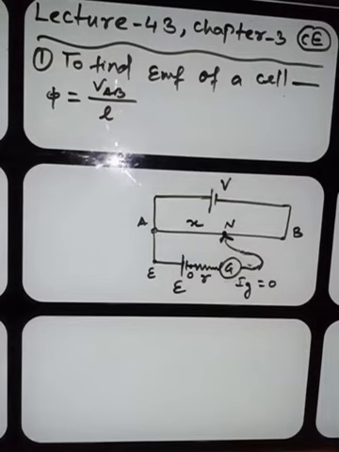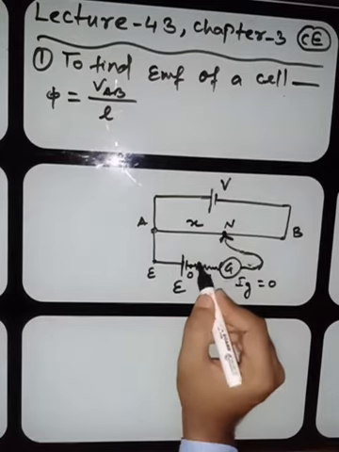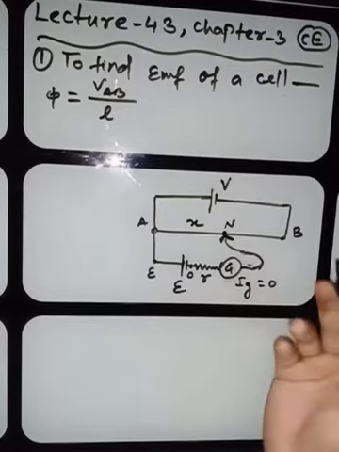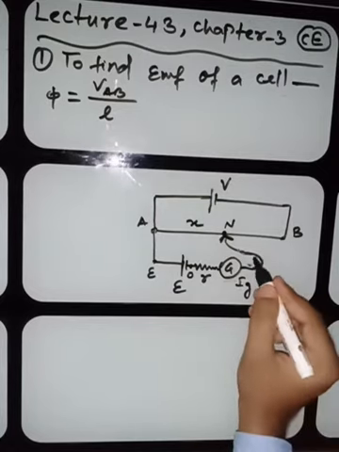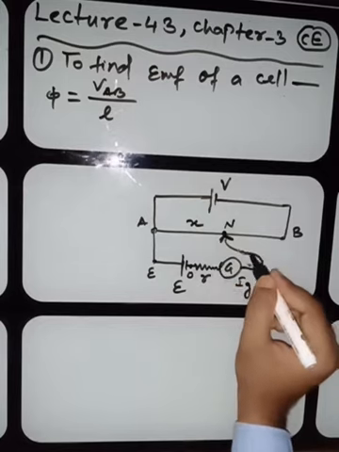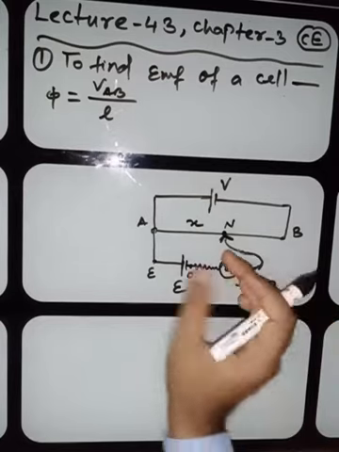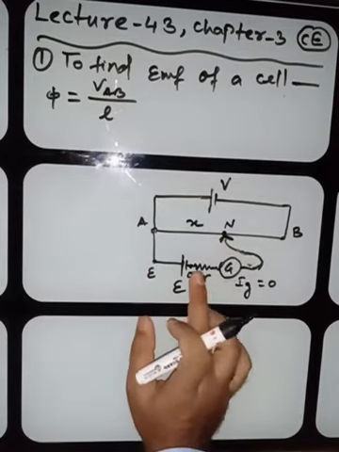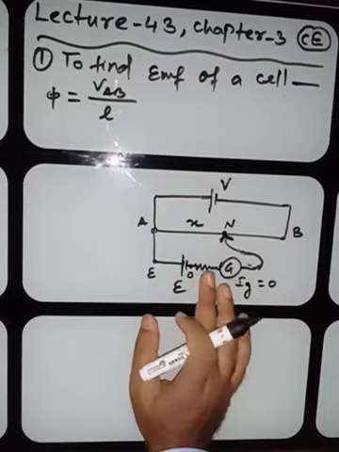Because if the current is 0, the voltage does not drop across this high resistance either. So here 0, and after the high resistance 0, before the high resistance 0. It means this balance length will not change. This type of question may be asked in the board exam.